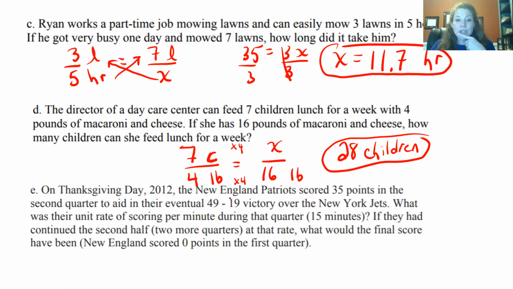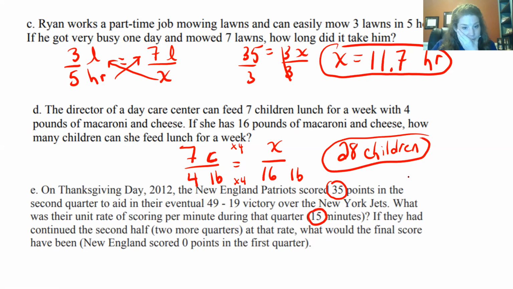All right, so the New England Patriots scored 35 points in the second quarter. What was their unit rate of scoring per minute during that quarter? So they scored 35 points in 15 minutes, right?